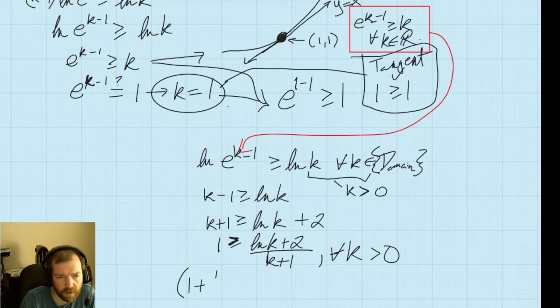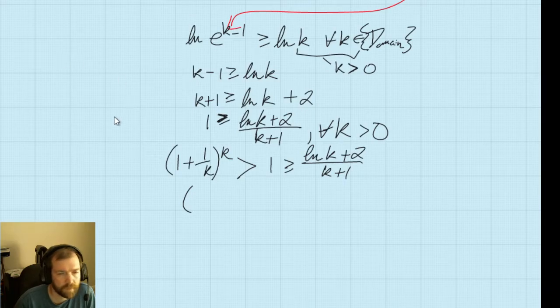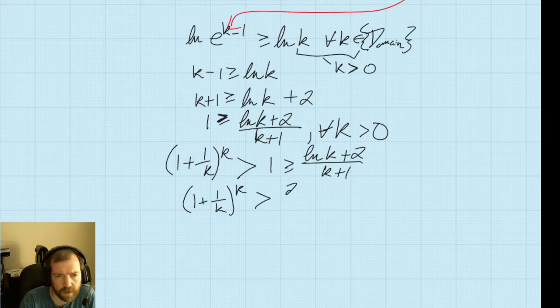Finite compound interest formula, which is then going to be strictly greater than 1 is greater than or equal to natural log of k plus 2 all over k plus 1, and then therefore one plus 1 over k raised to the k is going to be greater than 2 plus natural log of k over k plus 1 for all k greater than 0.